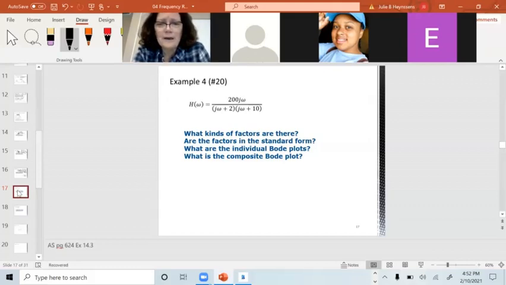So this one has a K. We got to put it into standard form first before we can say what K is. This is not in standard form. So I got to do a little bit of algebra here. I've got 200, I'm going to switch to S because it's easier to write. I have to factor a 2 out of this term to make it look like 1 plus S over 2.